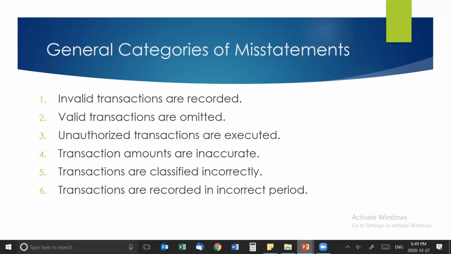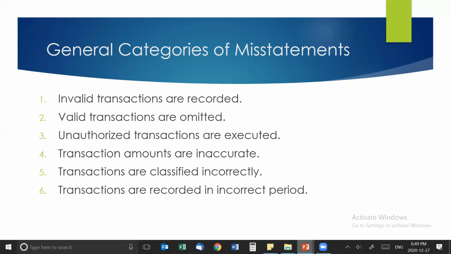Okay, so there are general categories of misstatements that occur, where internal controls can help avoid these if they have been set up properly. So invalid transactions being recorded, or valid transactions not being recorded, unauthorized transactions being executed, transaction amounts being incorrect or classified incorrectly, or recorded in the incorrect period.